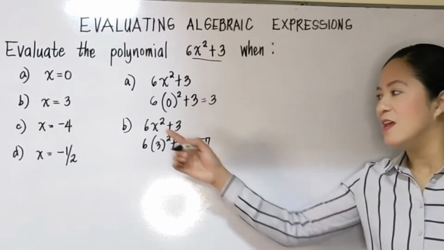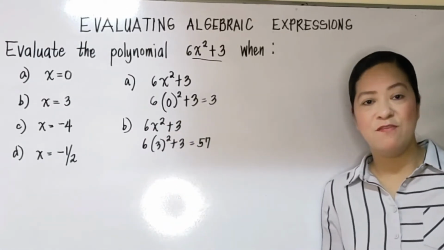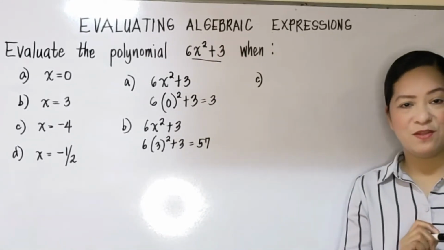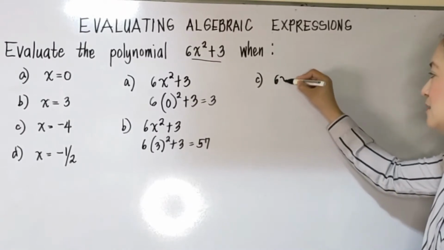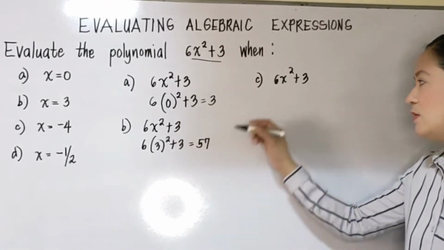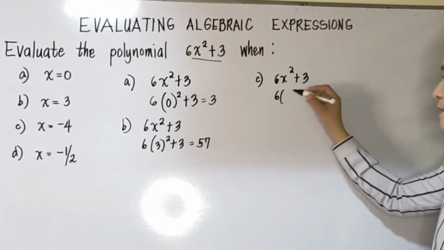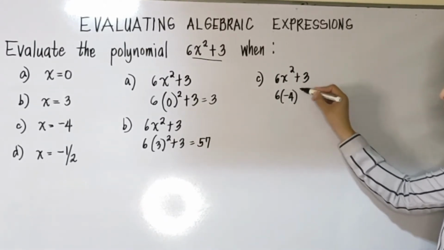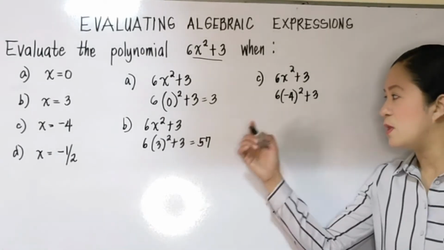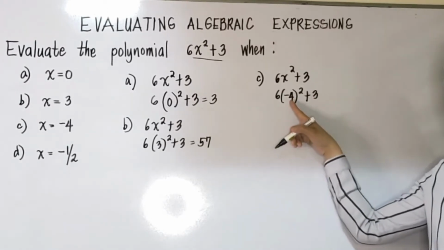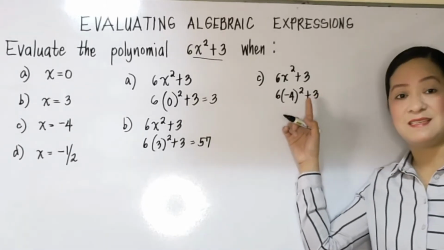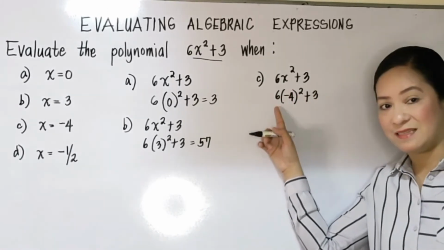Now, what about x is equal to negative 4? Okay, so for letter C, we copy again the given polynomial 6x squared plus 3. Now, with x is equal to negative 4, replacing the x, negative 4, quantity squared plus 3. So, we have negative 4 squared. Alright, that is positive 16 times 6.